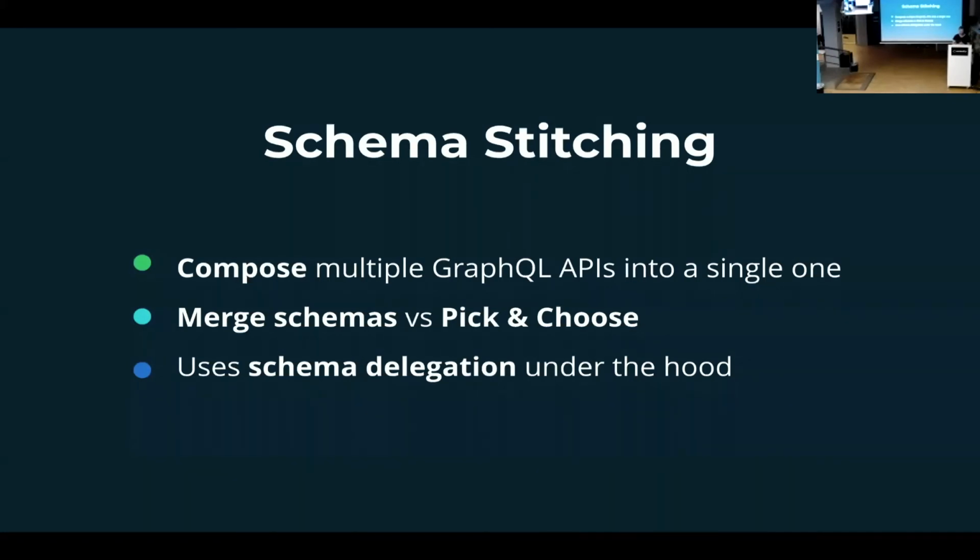It uses the idea of schema delegation under the hood, which means that this schema stitching layer that puts together our two GraphQL APIs is not the instance that actually resolves the queries, but it only forwards the queries to the actual APIs.